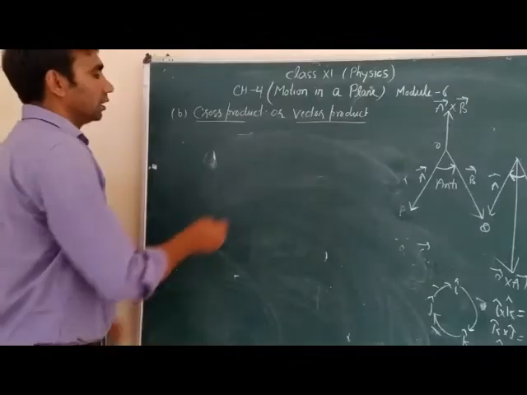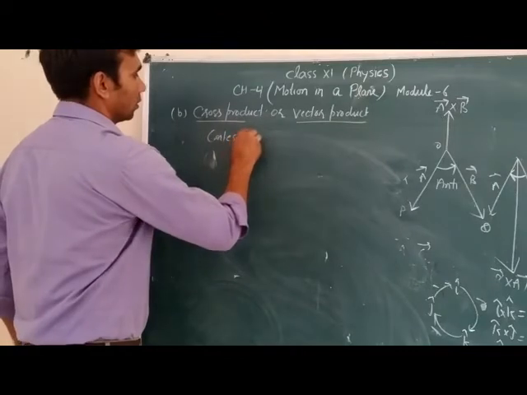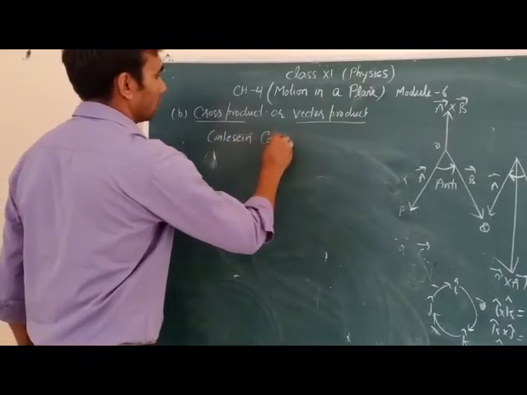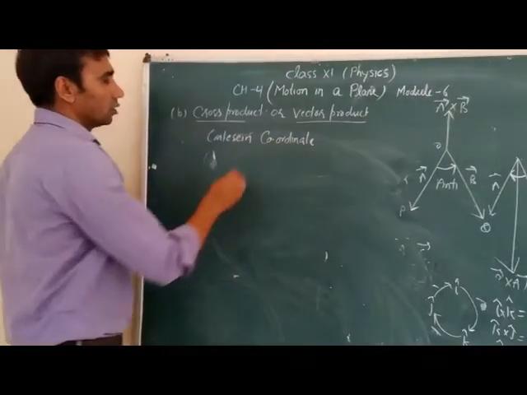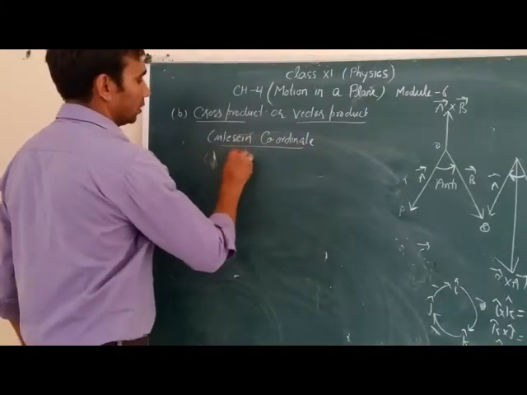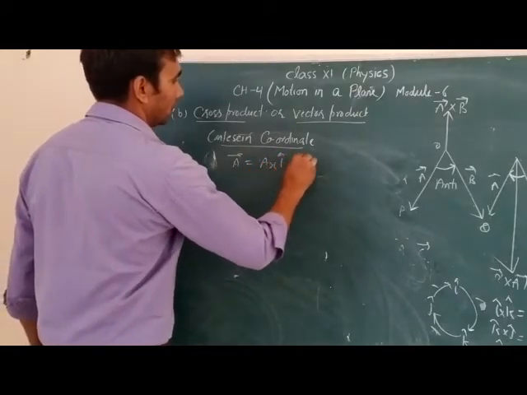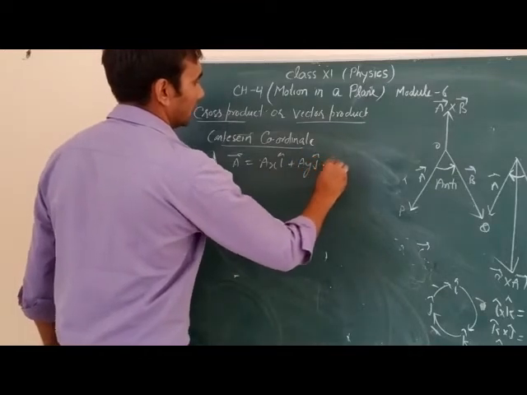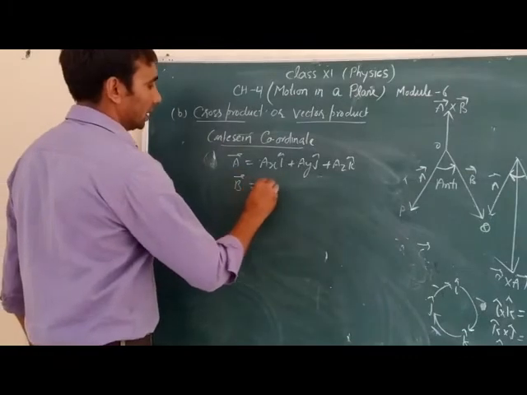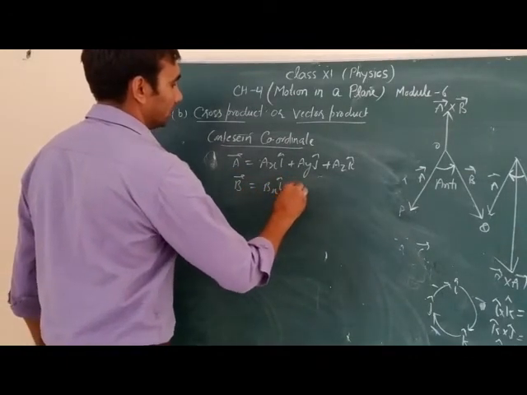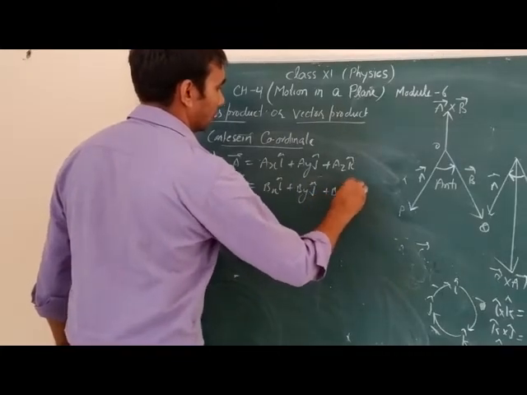In Cartesian coordinates, suppose vector A is equal to ax I unit vector plus ay j unit vector plus az k unit vector. Vector B is equal to bx I unit vector plus by j unit vector plus bz k unit vector.